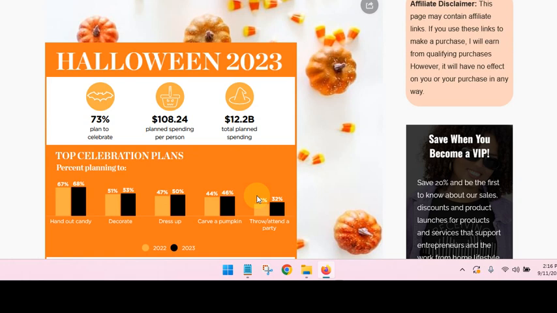Okay, so here is another chart from the National Retail Federation. We are looking at, again, data from 2022 in the orange and 2023 in black. And as you can see, this stays pretty consistent from year to year. From one year to the next, these numbers did not change too much.